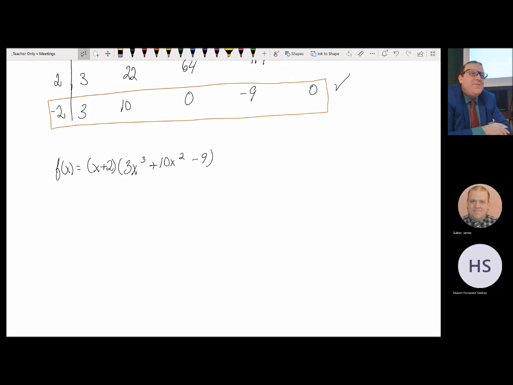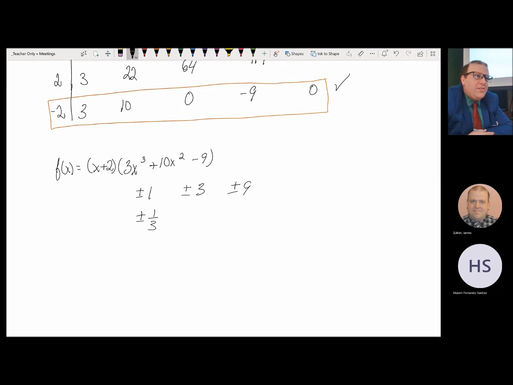Right, so we need factors of 9. Factors of 3 are 1 and 3, so divide each one by 3. Get plus minus 1, plus minus 3, plus minus 9, and then plus minus a third.